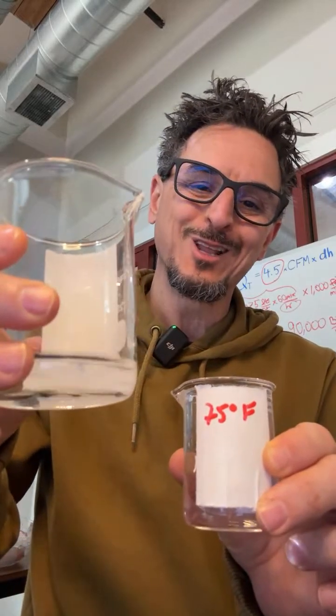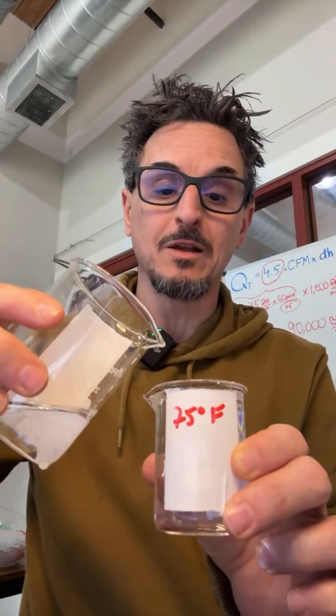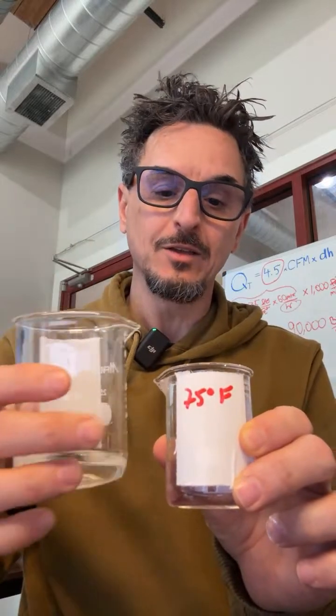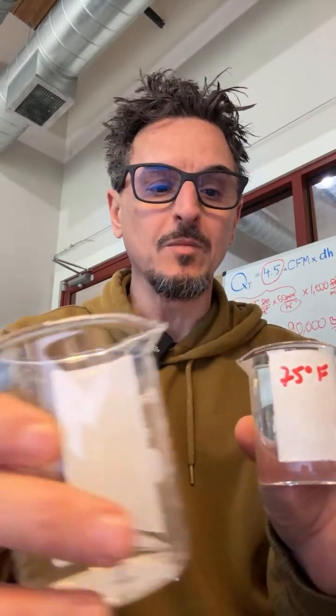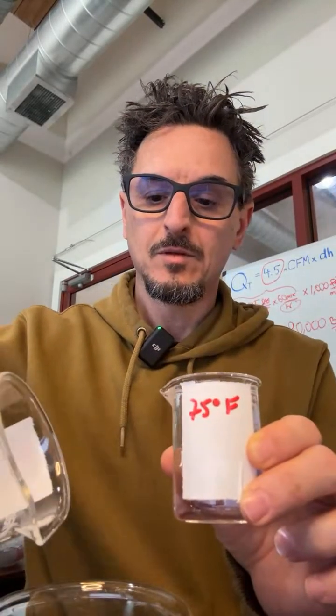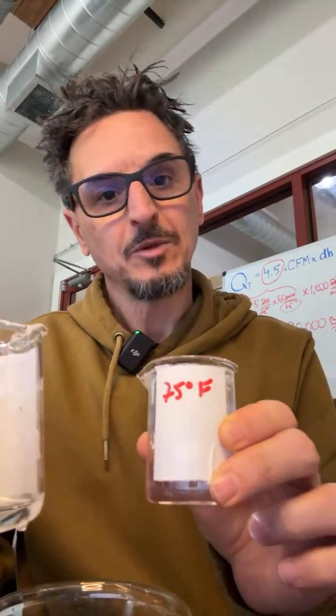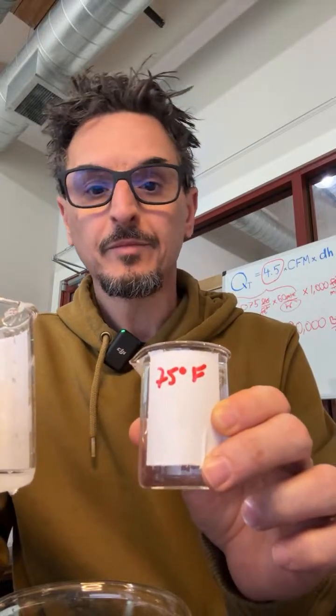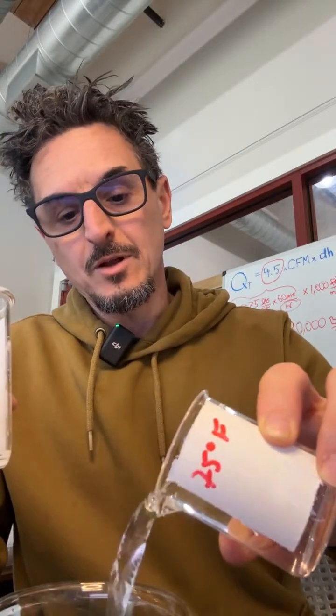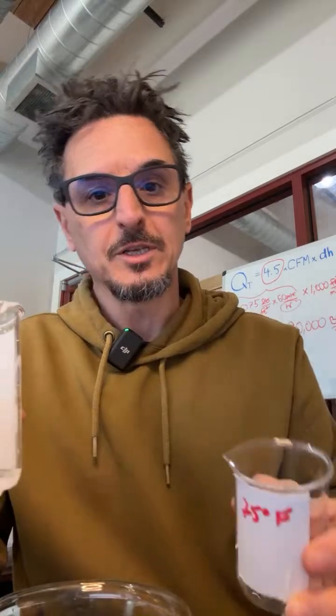I'm not going to pour the rest of it in there because I don't want to make a mess, but you get what I'm saying, right? If you were to cool this down to this temperature, it couldn't hold any more and it would overflow into the atmosphere. That's how you get fog. That's how you get condensation on your cooling coil, etc. So that's kind of how that rolls.